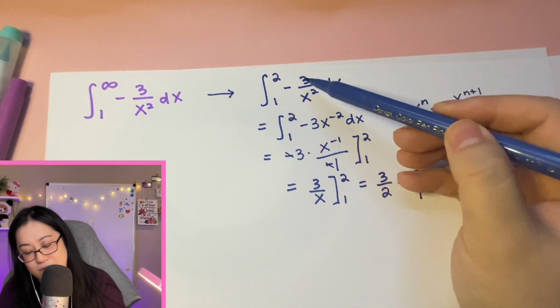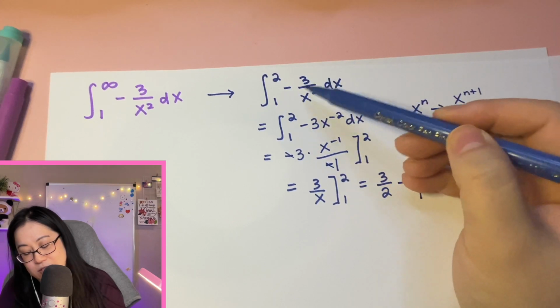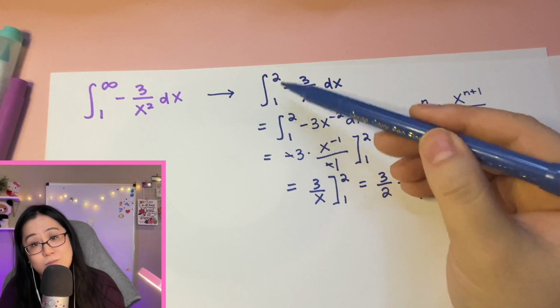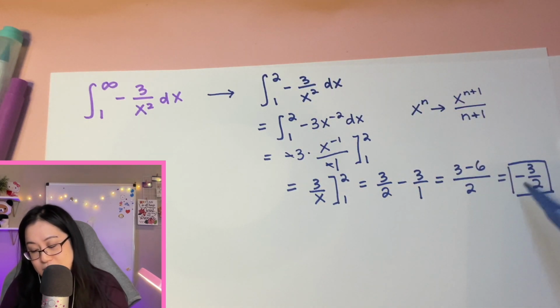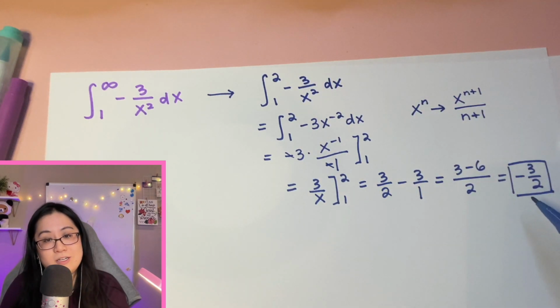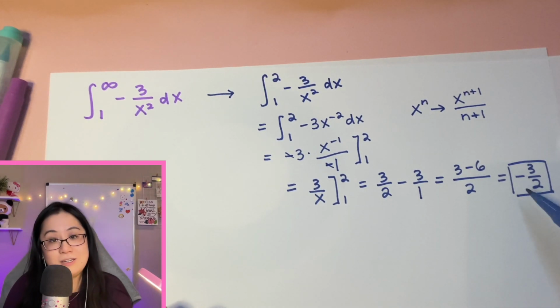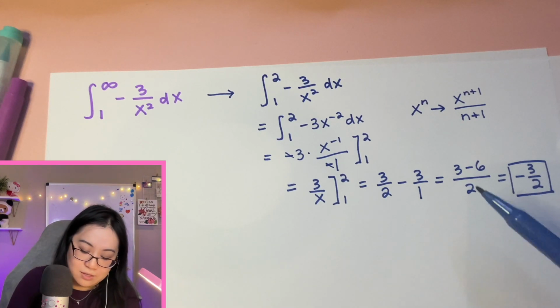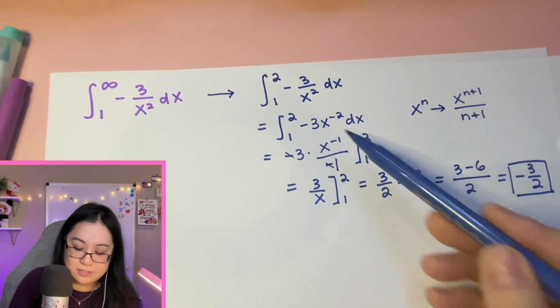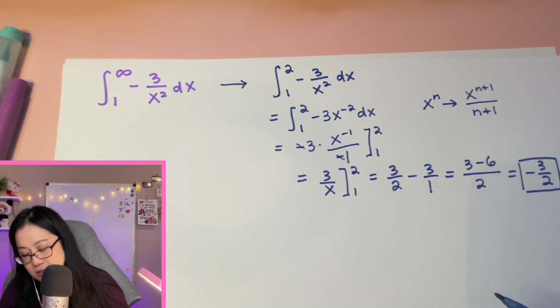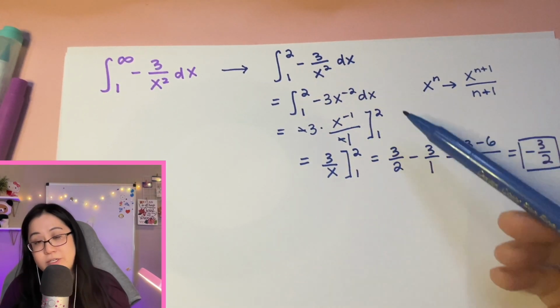But if, for whatever reason, this function is partially above and partially below on this interval from 1 to 2, then this just means that there's more area that's below the x-axis than there is above, because this nets negative 3 over 2. But that's the general idea here. And we just do upper and lower bound.